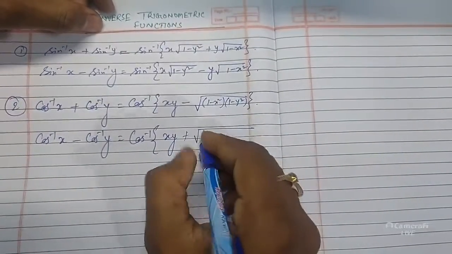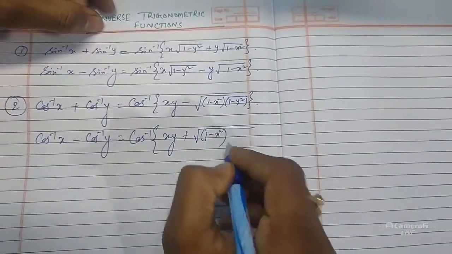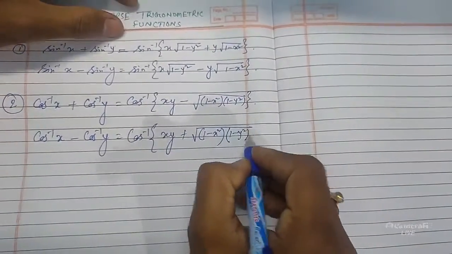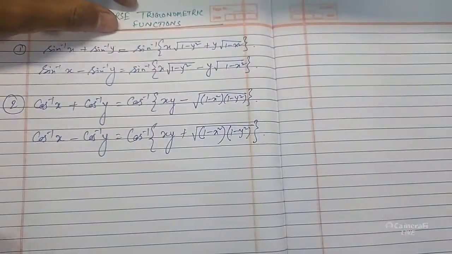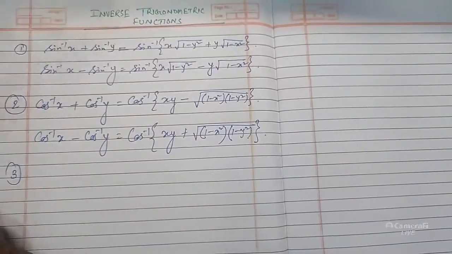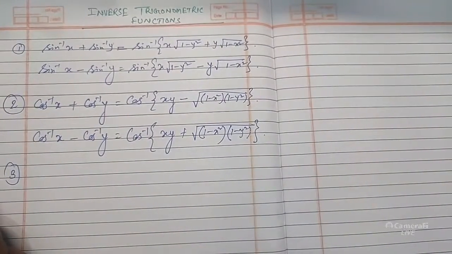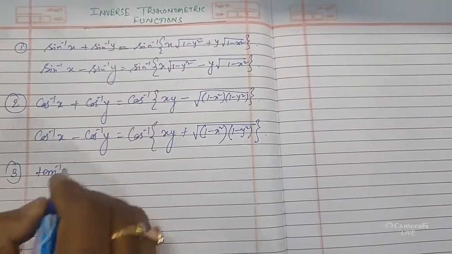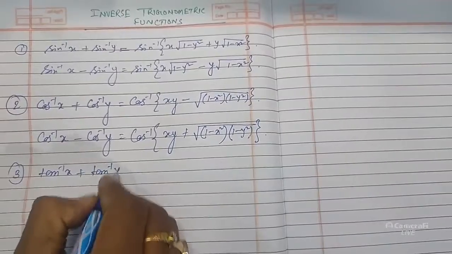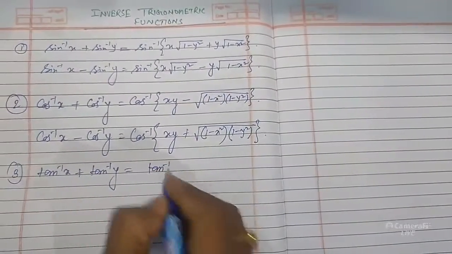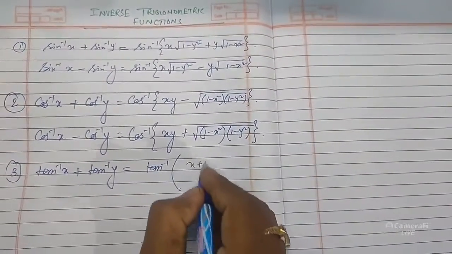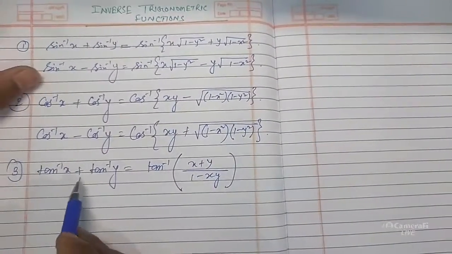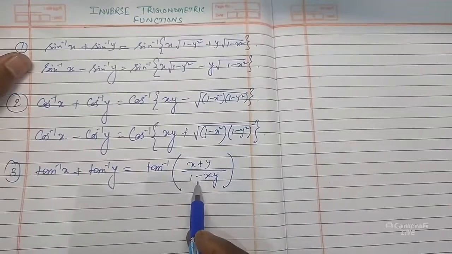So in case of cos, it is reversed: for minus we have plus inside, and for plus we have minus. Tan inverse formula we have also learned: tan inverse x plus tan inverse y is equal to tan inverse of x plus y by 1 minus xy. Now if it is minus sign, then inside it will be minus, and this will be plus.